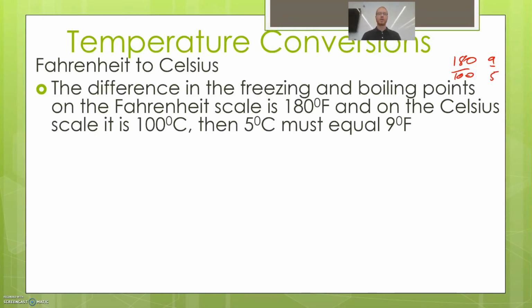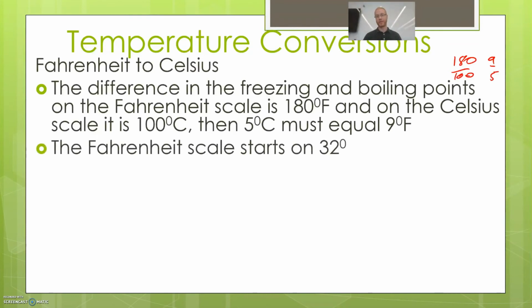So then, once you converted your change to Celsius or to Fahrenheit, then you simply change the starting point. The Fahrenheit scale starts on 32 degrees. Okay, so mathematically, we express that this way. We say that the Fahrenheit temperature equals 9/5 times the Celsius temperature plus 32.